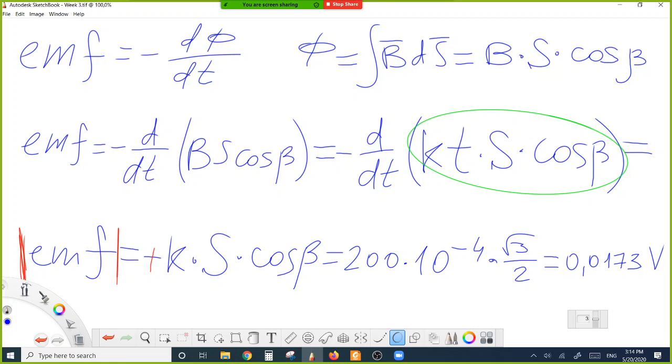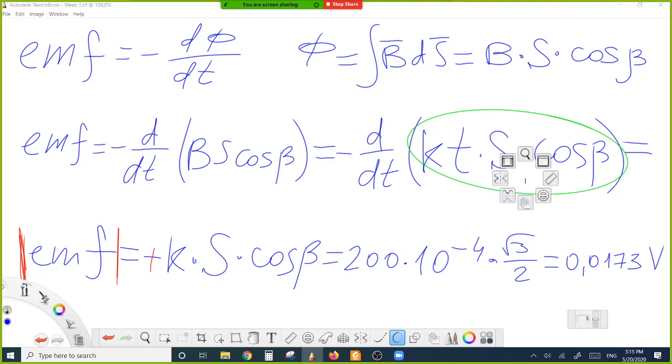Okay, let's double check. Multiplied by square root of 3 divided by 2. Okay, that's correct. We have found the electromotive force.